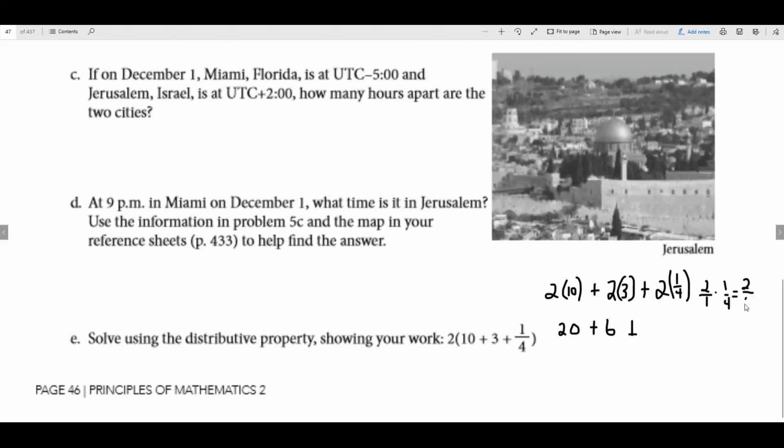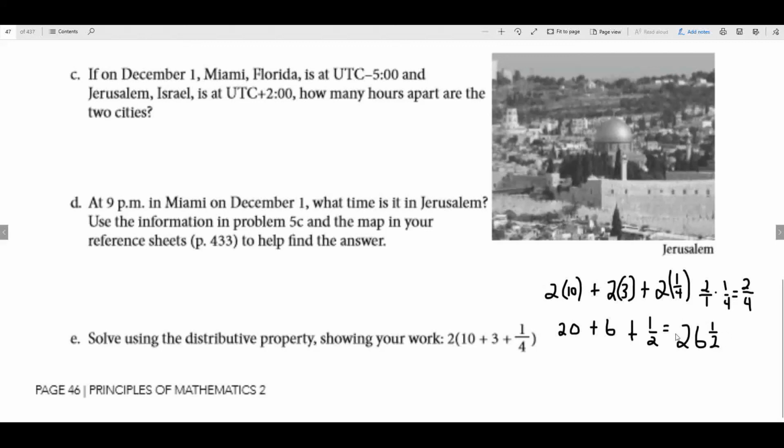And do you know what 2/4 simplifies to? Half. Why does my plus look like that? Plus half. All right. So then your answer is going to be 20 plus 6, which is 26 and a half.